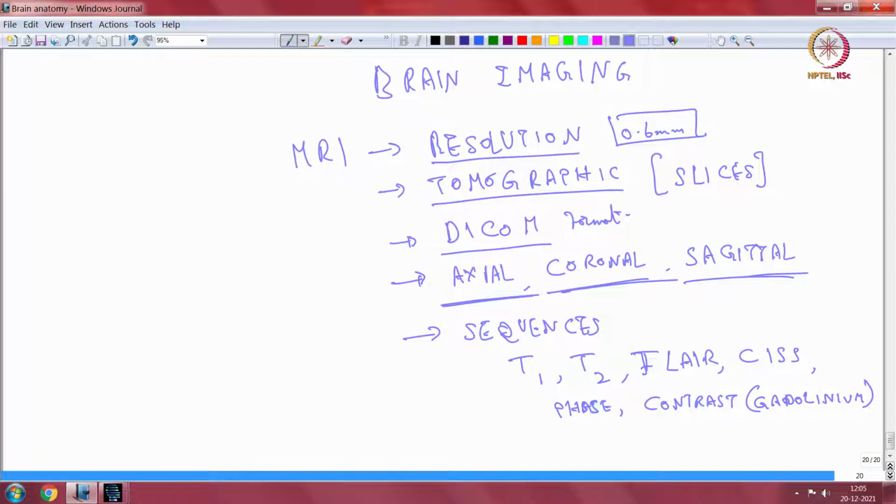gadolinium and helps in contrast differentiation from surrounding brain which does not take up gadolinium. There are several other kinds of sequences, but these are the set of things you would need to remember. Sequences determine the way in which you interpret brain images. Each sequence has its medical relevance. Certain things are better seen on a particular sequence, and that is the point. I had used the analogy of car gears, because they are fixed.